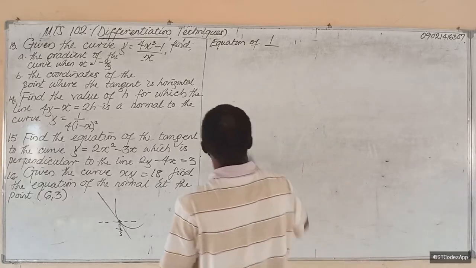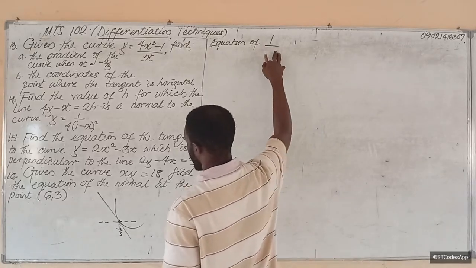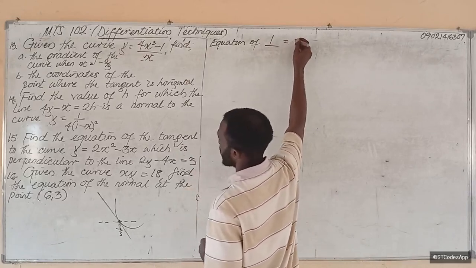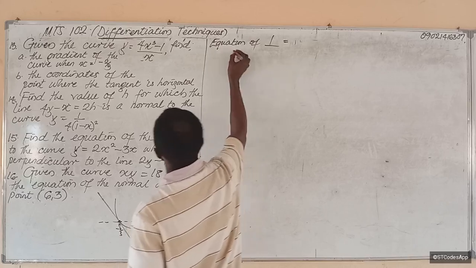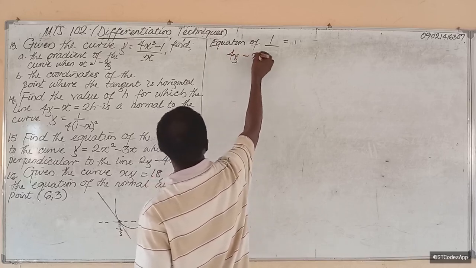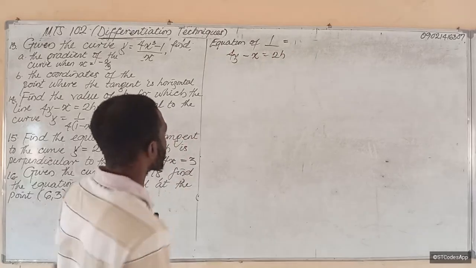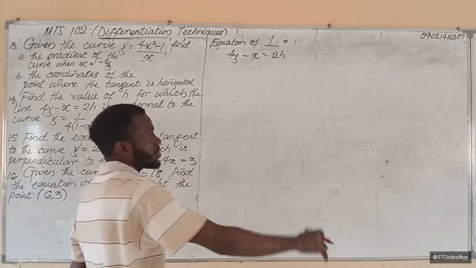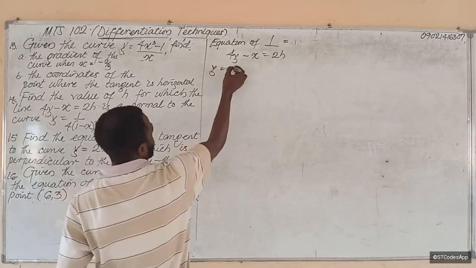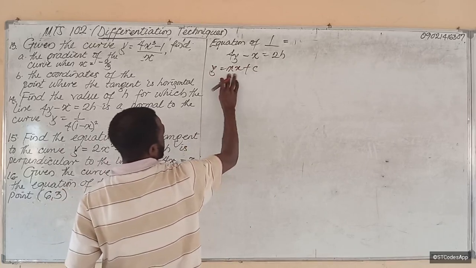So the equation of the perpendicular to the curve is given by 4y minus x is equal to 2h. Let's write it in the standard way. Recall that the standard way is y equals mx plus c, where m is your gradient.